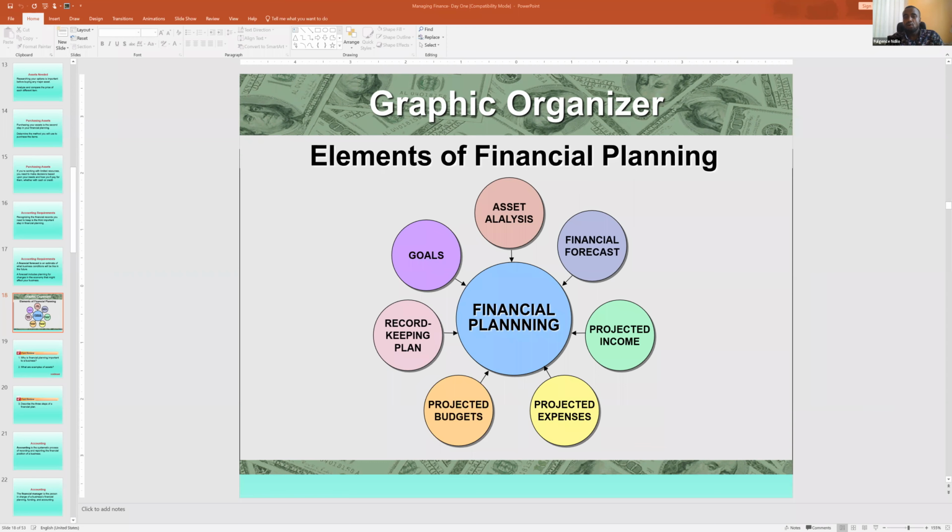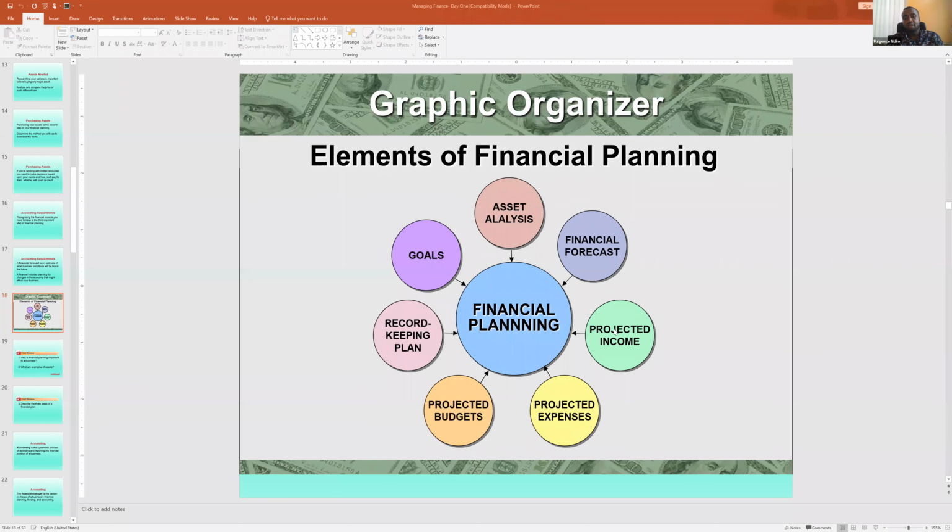Secondly, we were supposed to come up with the vehicle or the assets which are supposed to help you achieve your goals. Then you're supposed to do the financial forecasting, whereby this forecasting model helps you make some key financial decisions, like purchasing of assets. Are you going to purchase them or are you going to hire them? So in this financial forecasting, it's where it will enable you to come up with those decision-making processes.